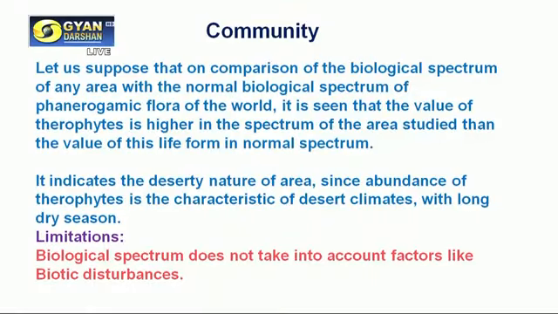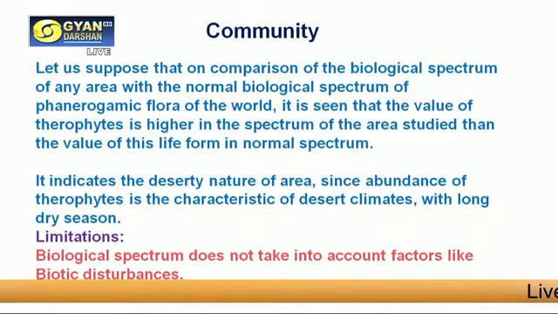And so we come across two terms: the normal biological spectrum and what you actually see. After calculation you may find that you are not getting the normal biological spectrum. There is a deviation, so this might happen. What I mean to say is that this concept of life form is very, very crucial.